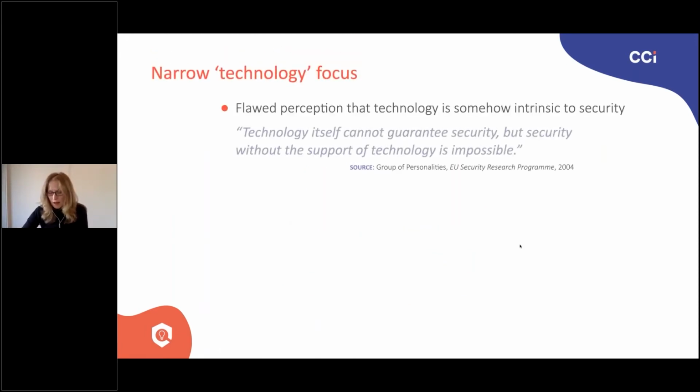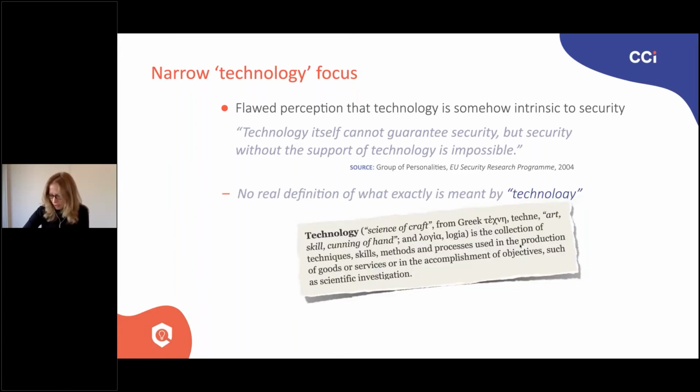Within the programme, technology is considered vital for security. Indeed, what they say is that without technology, security is impossible. But when we look at the definition of what is a technology, then we can look to the original Greek definition, and we can find that it's actually quite broad.